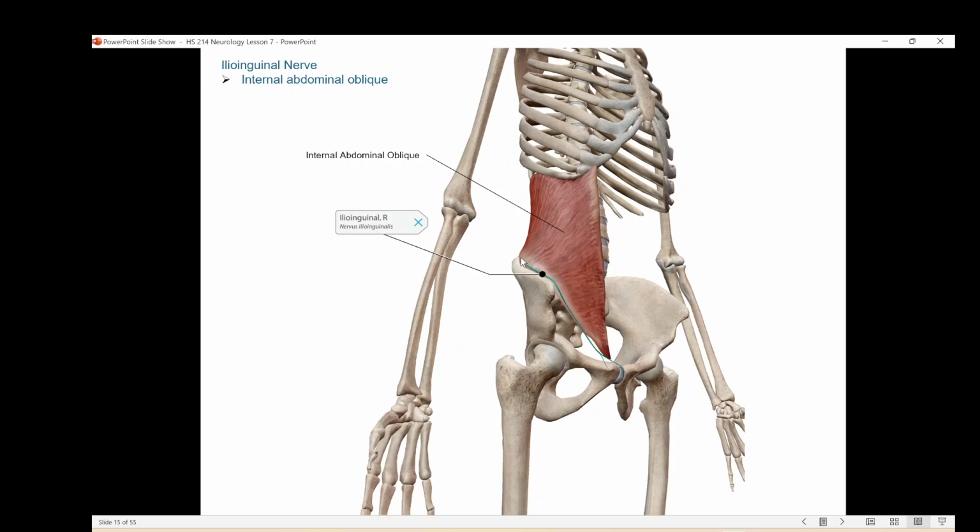And again, like I said before, it's going to do sensory to the root of the penis and the scrotum in the male, the labia majora and the mons pubis in the female. And then this one does head down into the thigh, into the upper medial aspect of the thigh. So this is called the ilioinguinal nerve.